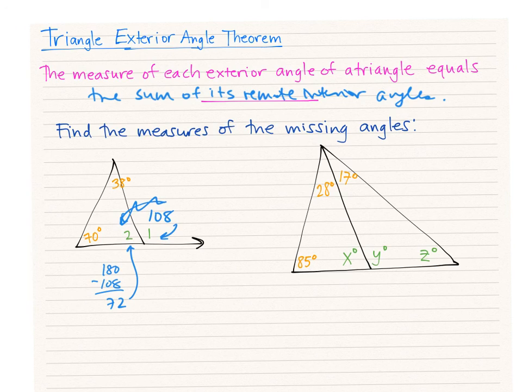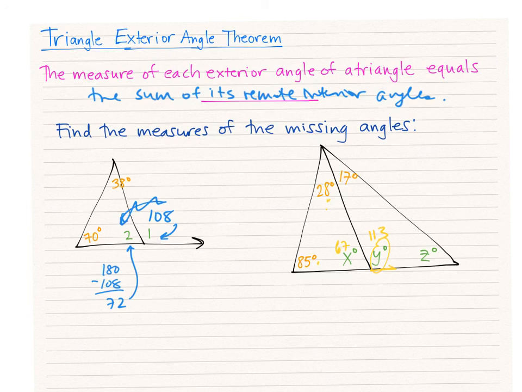Okay, and then on this one, we were solving one like this before already on the first page, just with the interior angles being 180, but we can do it a little bit faster with our triangle exterior angle theorem. Right, this y is an exterior angle, and these are the two remote interior angles of that. So we can just add those together. 85 plus 28 is 113. So this one's 113. And then we can subtract that from 180 to get this one and get 67.